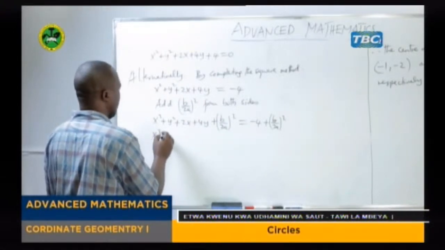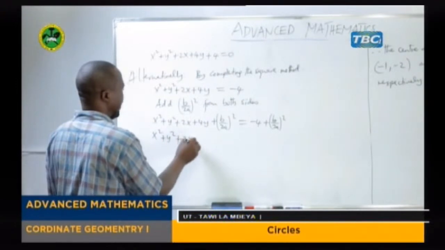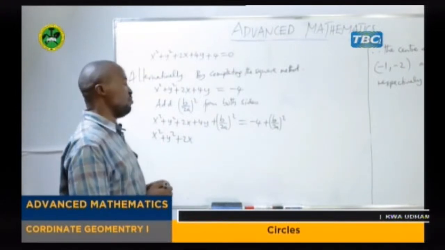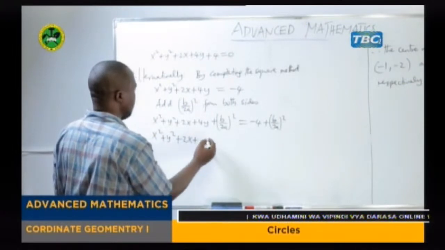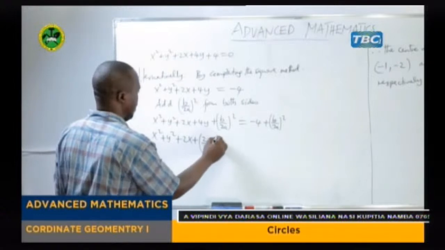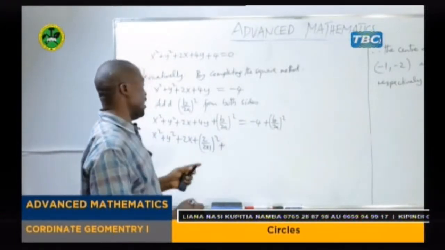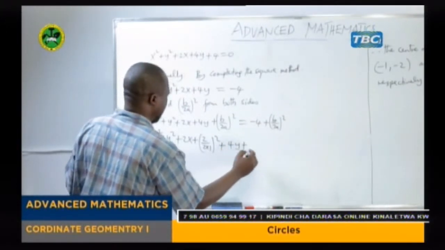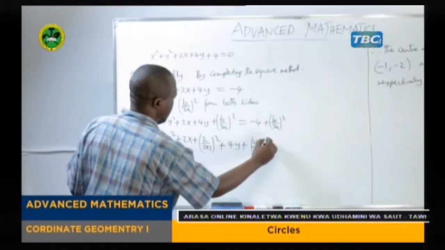So the value of b is 2, over 2 times 1, squared, then followed by that of y, 4y plus 4 over 2 times 1, squared.